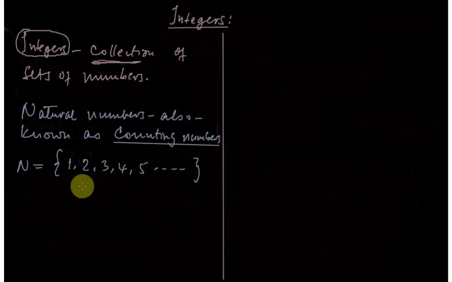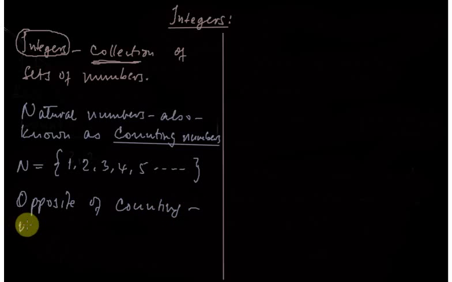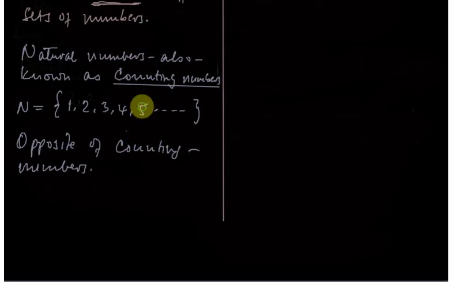We can talk about the opposite of these counting numbers. So if these are counting numbers and they start from 1, 2, 3, 4, the opposite of it will be a natural number multiplied by -1.